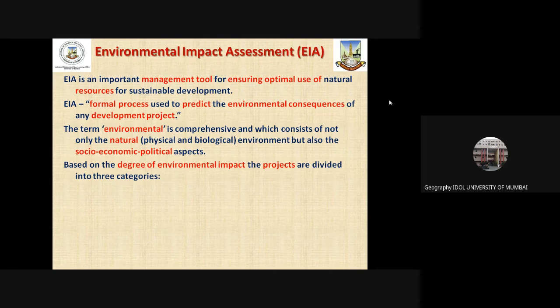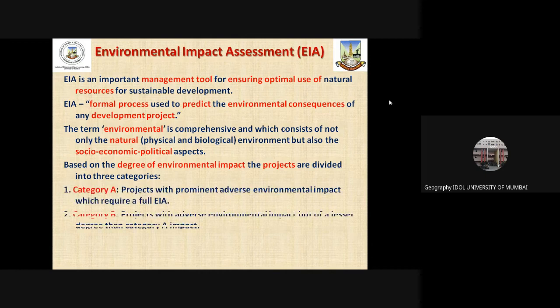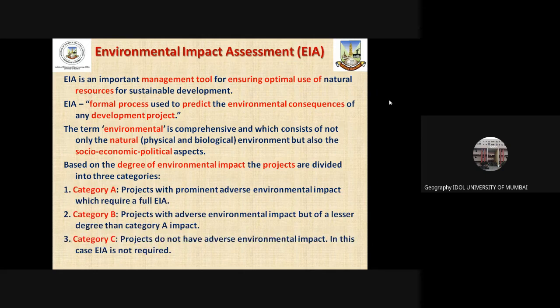The environmental impact assessment process evaluates the degree of environmental impact of the project, based on which the projects can be categorized into three: category A, category B, and category C projects.